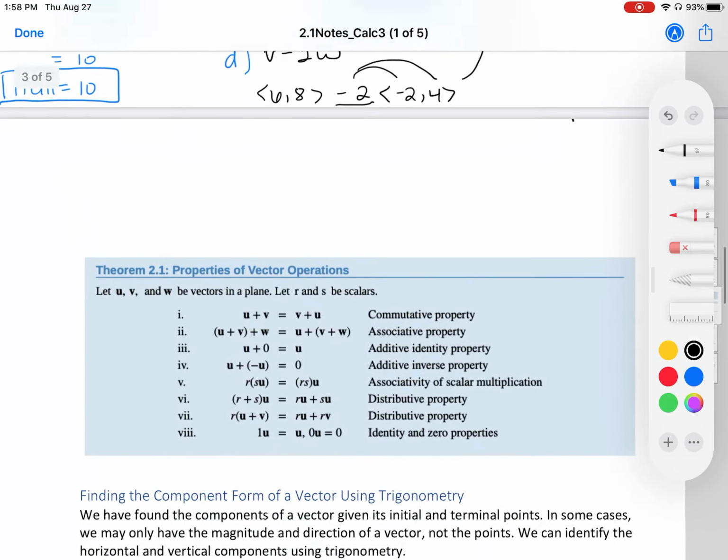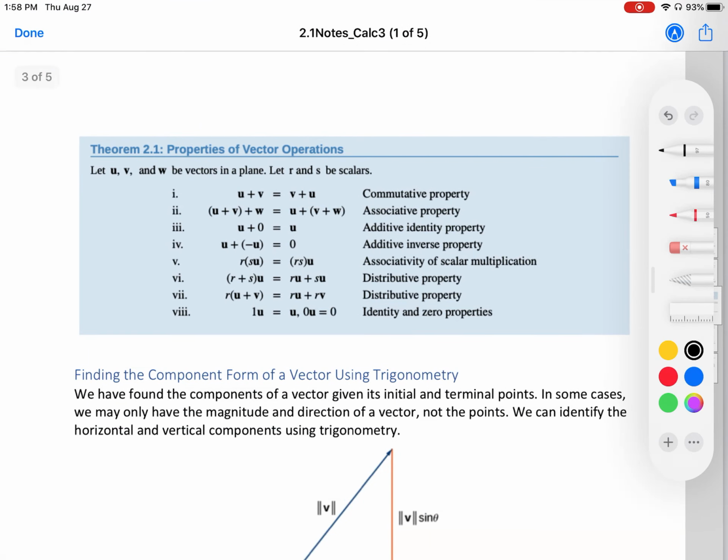All right, moving forward, we have a theorem, and these are properties of vector operations. So just like our properties in addition and subtraction, we kind of have similar rules with vectors. And here are your rules. First, we have a commutative property, which means I can switch around the vectors when they're being added.